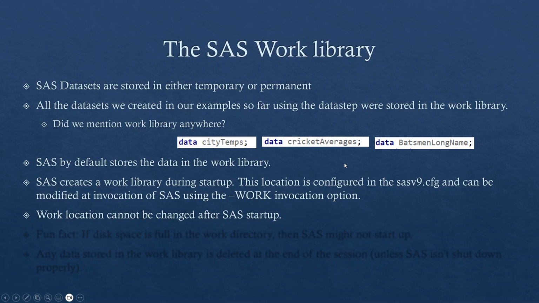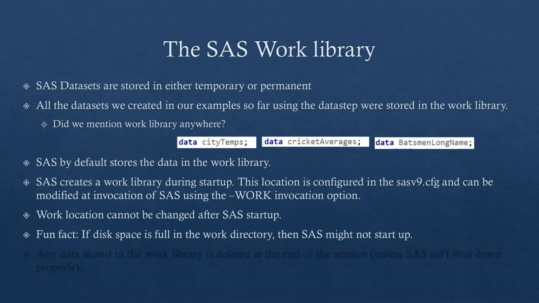However, once you've started the SAS session, the work library cannot be changed for that session. Here's a fun fact. If the disk space for the path you provided for your work library is full, then SAS might not start properly, or in some cases it might not start at all.